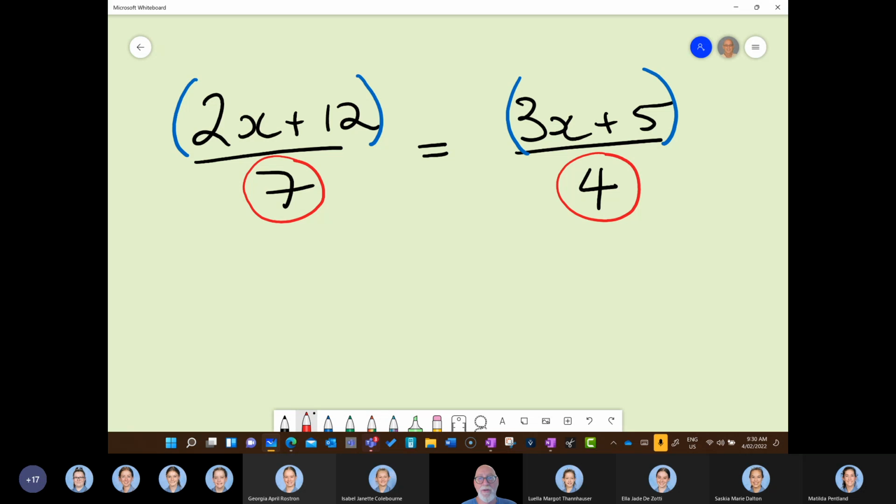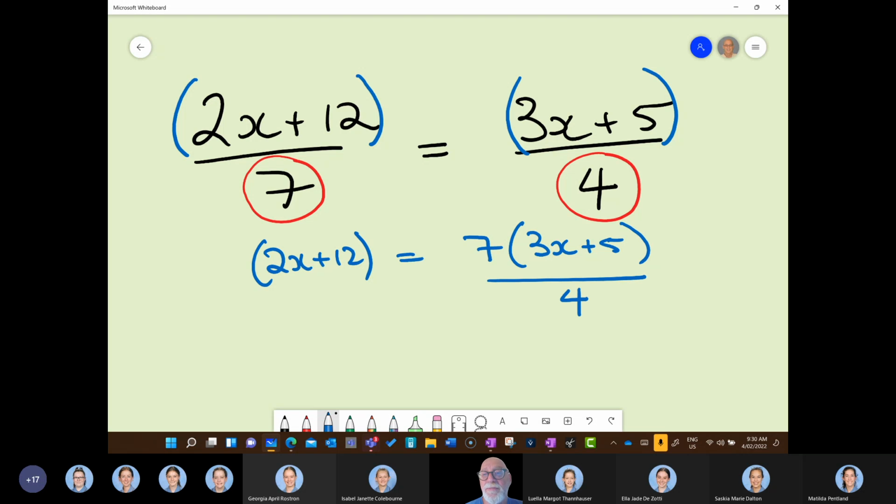Okay. So here's what I'd do, and I'd do exactly what Isabel suggested. I'd take that first one I'm going to attack is the 7. Now be patient. You can do it in one step. That's divide by 7. So over on the other side, it's going to be times by 7. Now you can do this and you can move the 7 and the 4 in one step if you like.